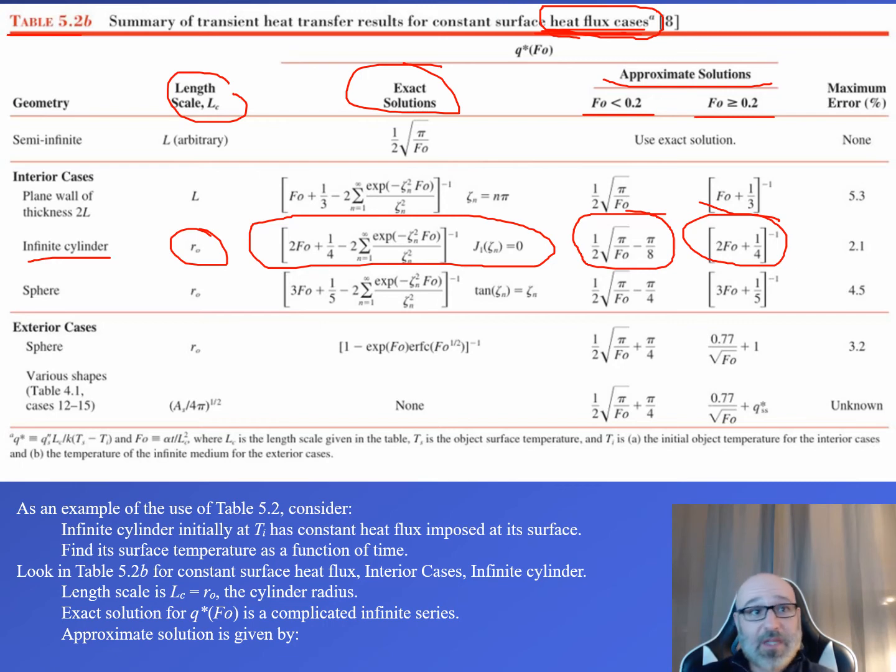So we can see from that table that our length scale, L sub C, is equal to that R naught for our cylinder radius. And our exact solution for our dimensionless heat rate times our dimensionless time, our Fourier number, is a complicated infinite series. So that's something that we want to consider, is how complicated that is. But we do have an approximate solution that we can use as well.